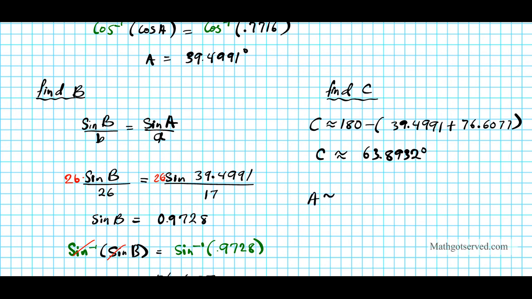All right, so there goes all our answers. So we have big A is approximately 39.4991, big B, angle B, is approximately 76.6077, and big C is approximately 63.8932 degrees. All right, so there you have it.